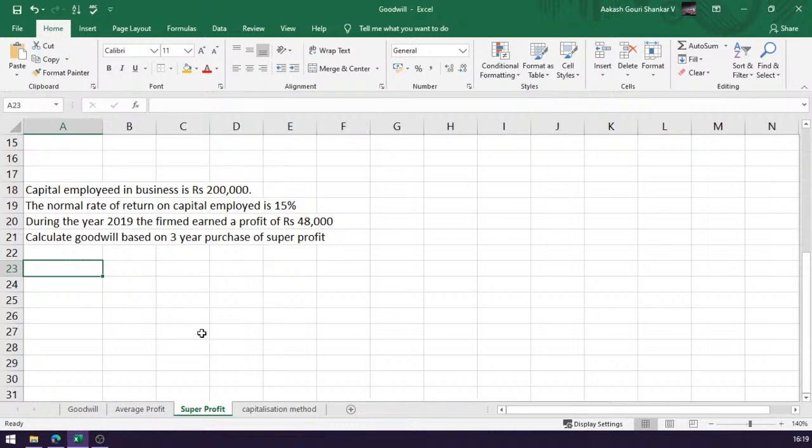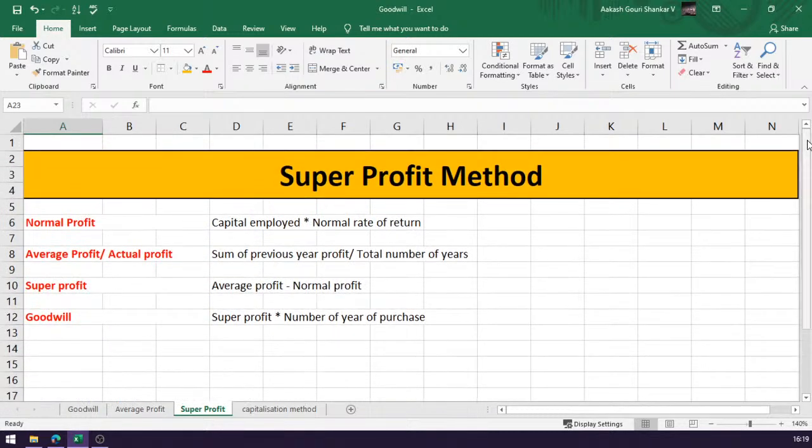One of our friends is asking to repeat the super profit definition. Super profit is nothing but the profit which we are earning over and above the normal profit. Let's assume that if we are doing some business, the normal profit earned will be rupees 10,000.